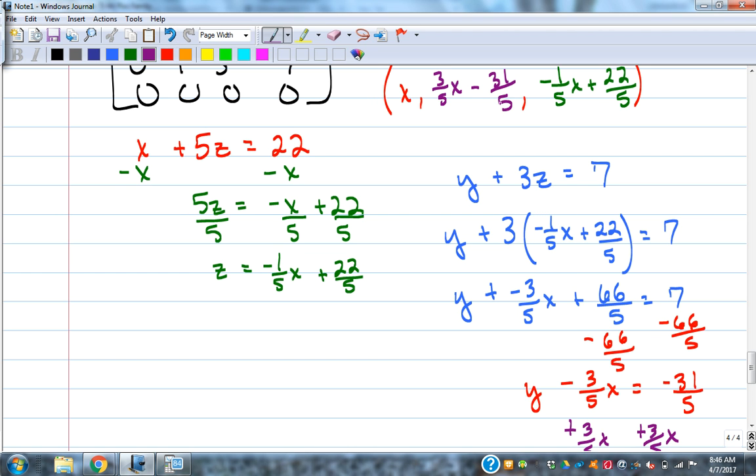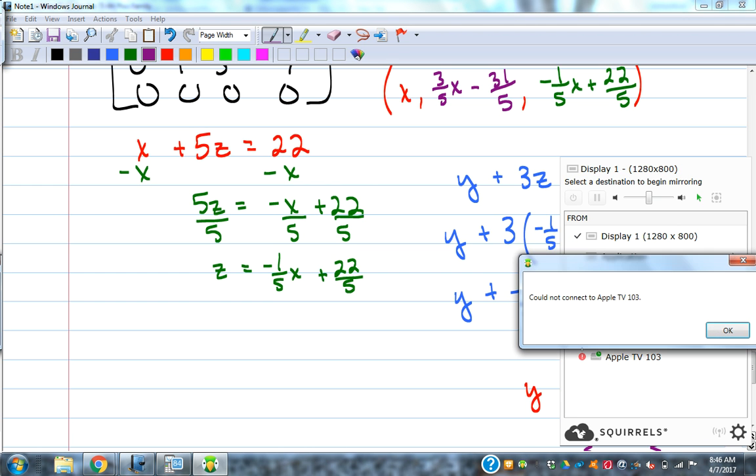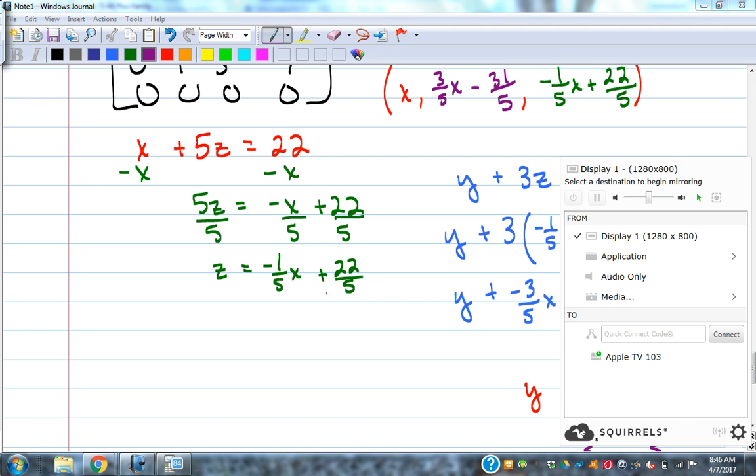So your X form is X. The Y portion is 3/5 X minus 31 over 5. And the Z portion is negative 1/5 X plus 22 over 5.